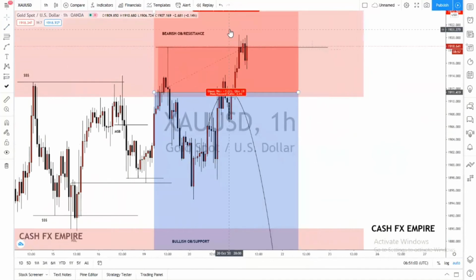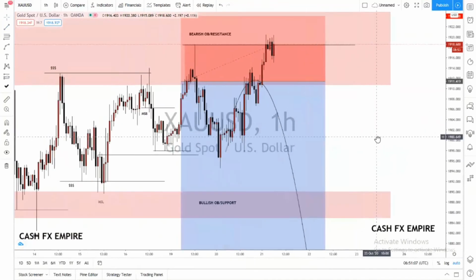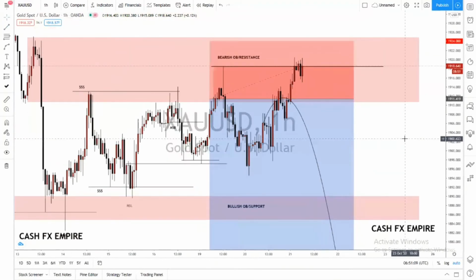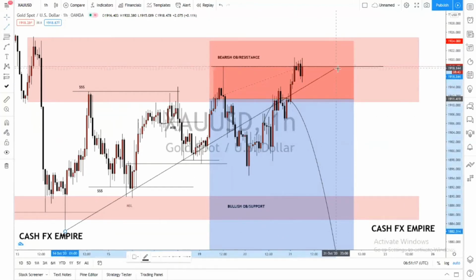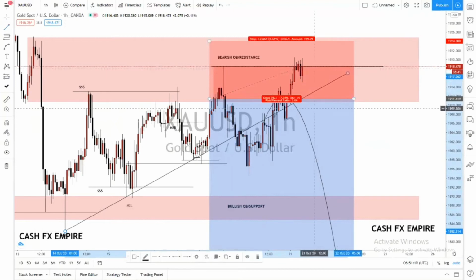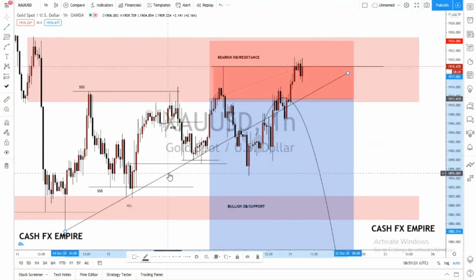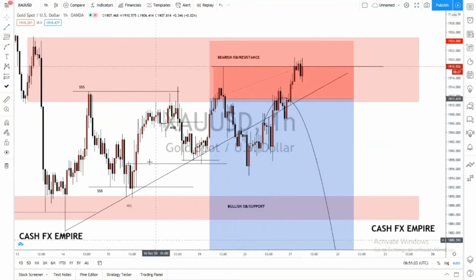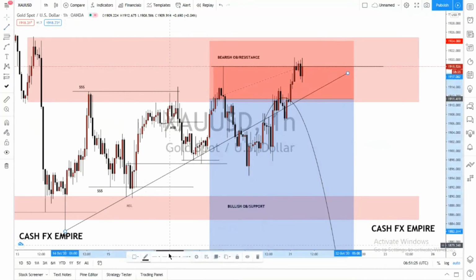The first candle failed, the other candle quite did, but this to me still is telling me something. I'm trying to anticipate something, because there's something very profound that has happened here. Price is still just dancing back and forth inside this bearish order block, which is our current resistance right now.